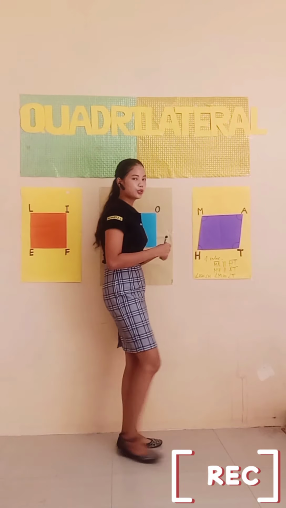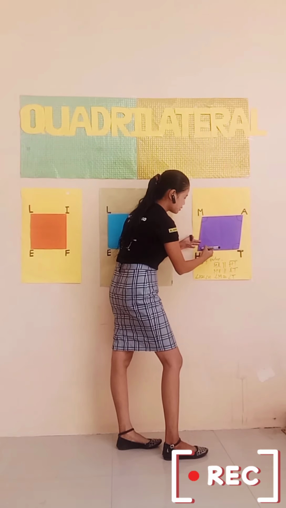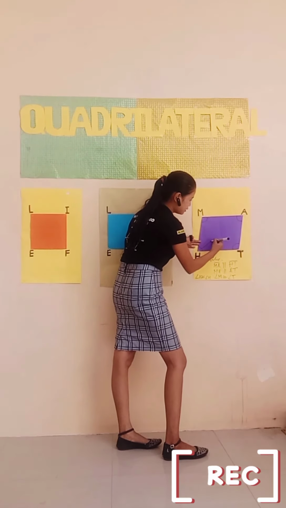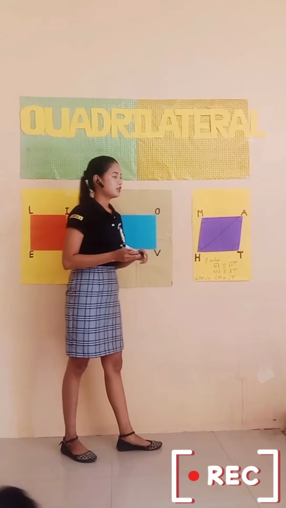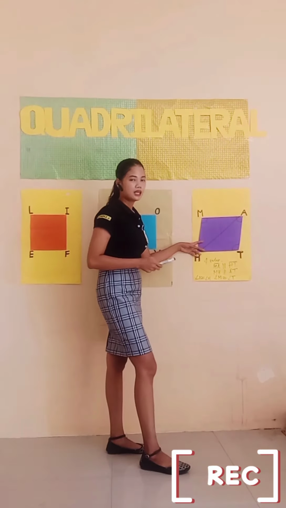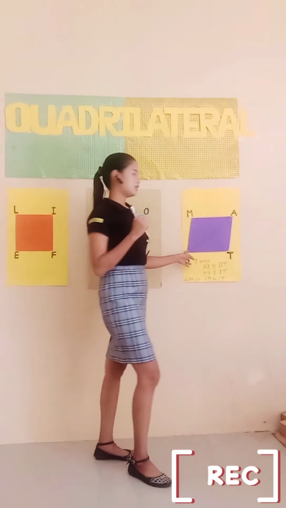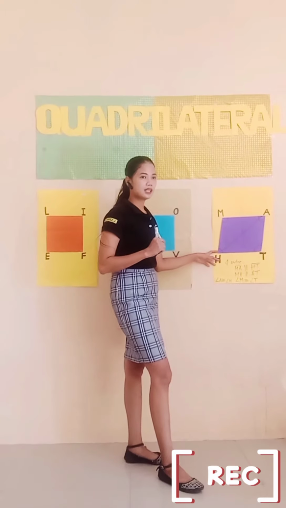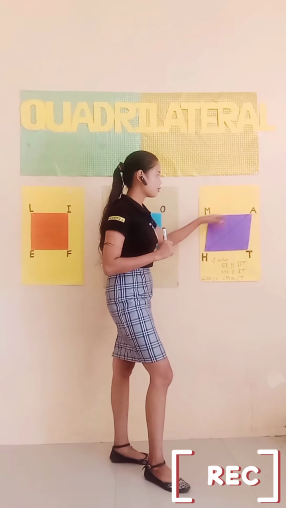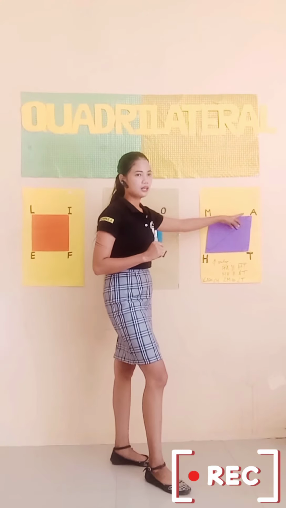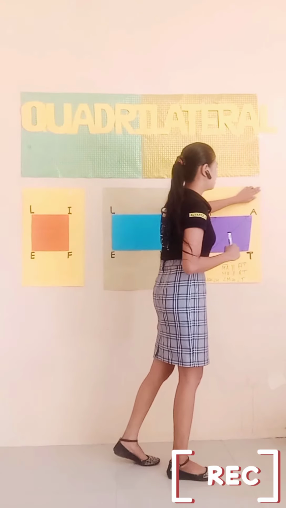Now, I will draw a line from this corner to its opposite corner, this one. We call this line its diagonal. It is a straight line connecting a vertex to its opposite corner that bisects this quadrilateral.